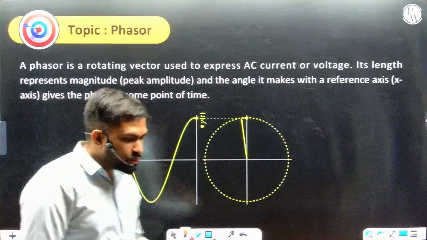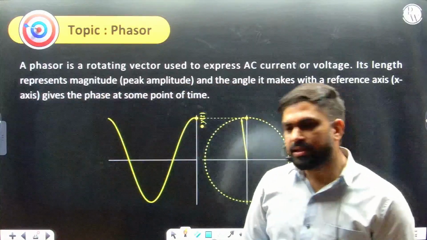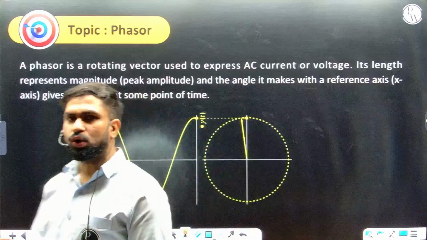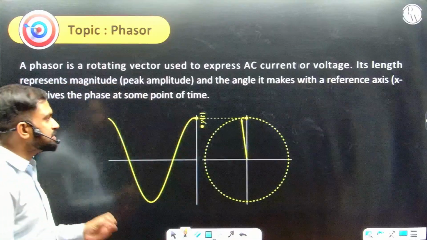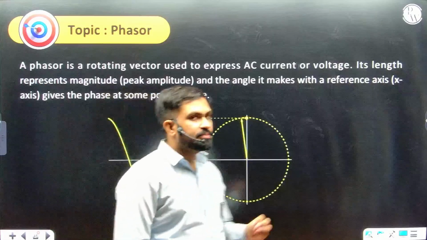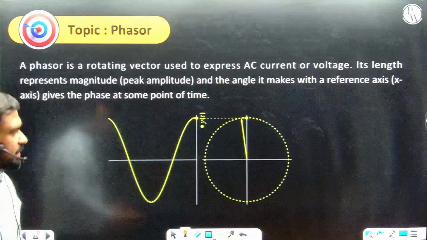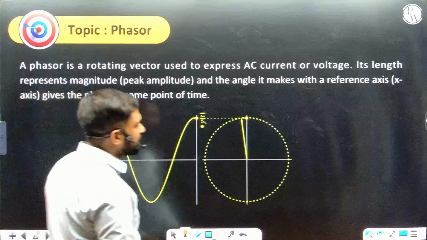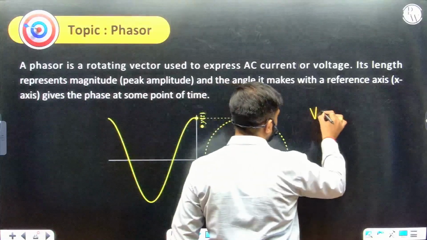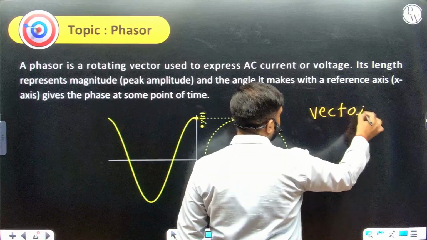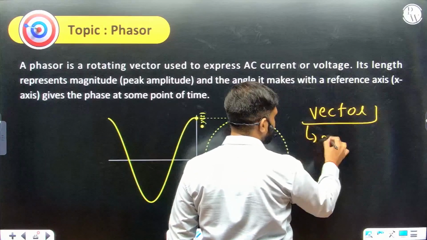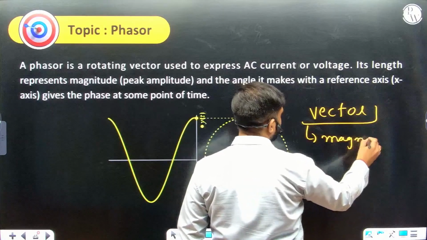Moving forward to the phasor. In AC, everything is solved using phasors. If you understand phasors, it becomes much easier. Don't worry about this diagram. You just consider a phasor as a vector. A vector has magnitude and angle.